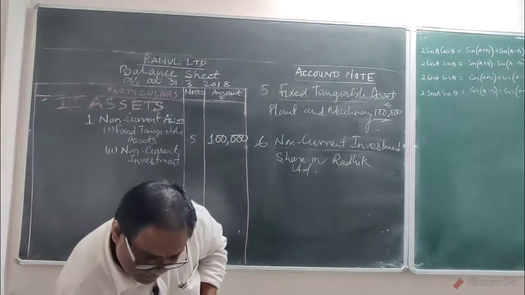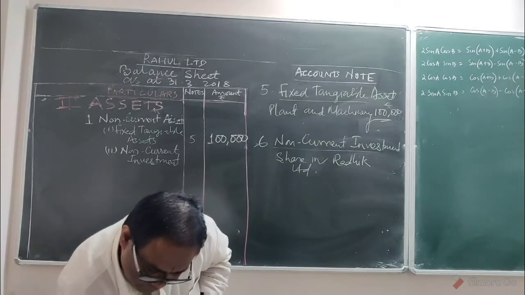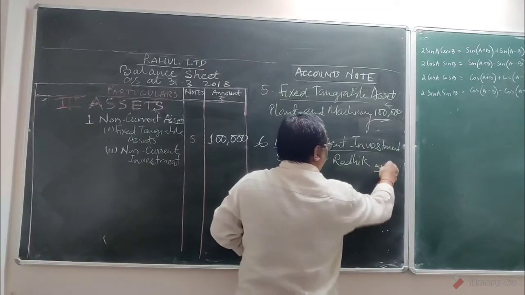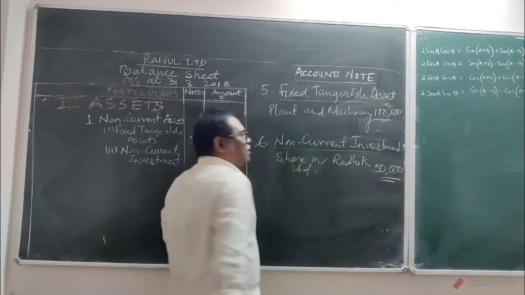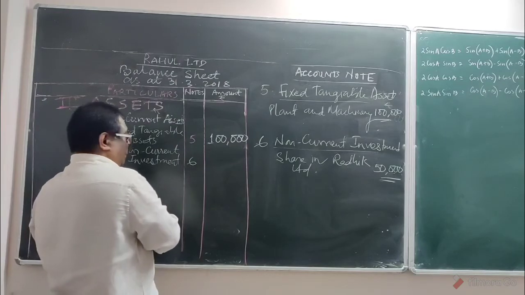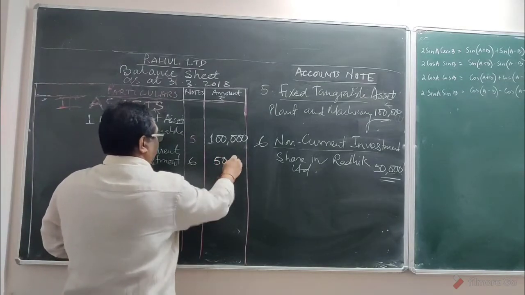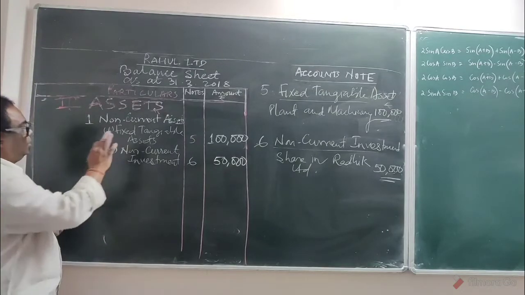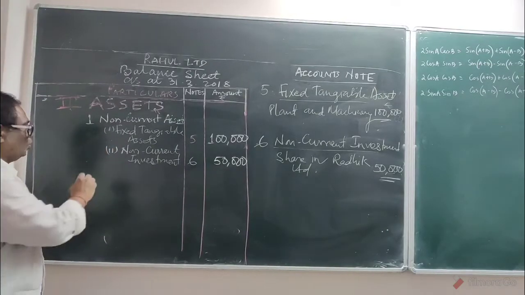The amount we have as non-current investment is 50,000. As per accounts note number 6, we can write here 50,000. Now we have non-current assets only this much as per the question.